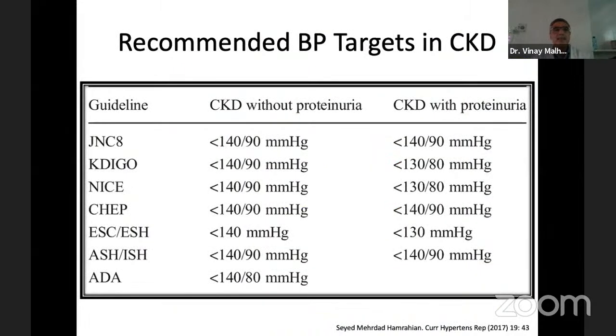So these are the various guidelines and recommended BP targets in CKD. Most of the time, as we follow the KDIGO guidelines, it is less than 140/90 in all patients of CKD. But if you have persistent, overt, or significant proteinuria, which means proteinuria of more than 1 gram in 24 hours, you should try to achieve a lower blood pressure.